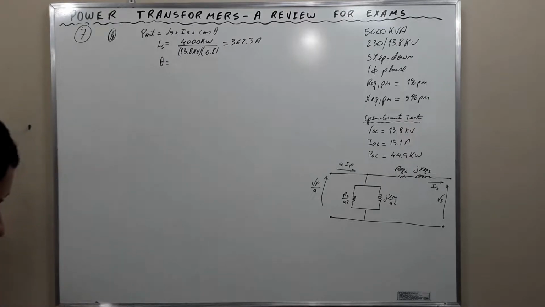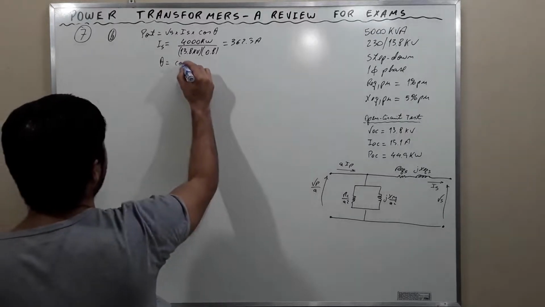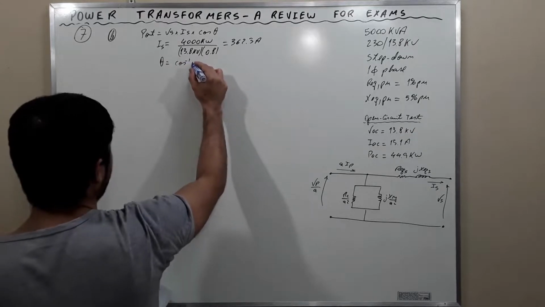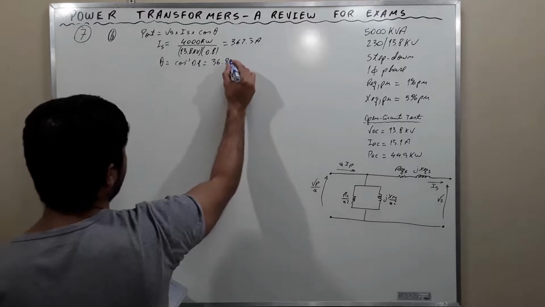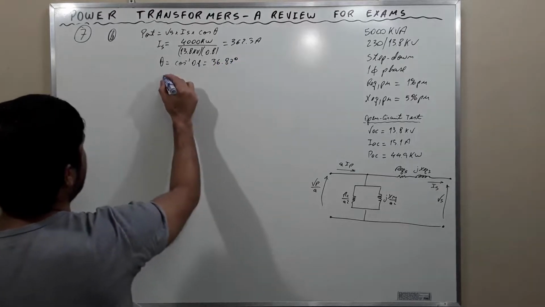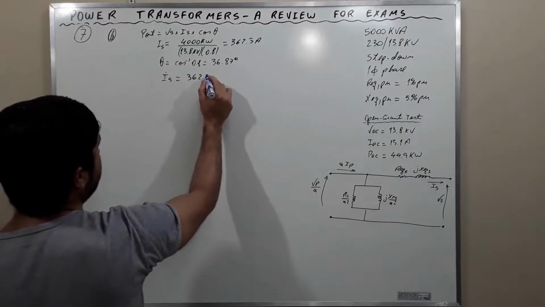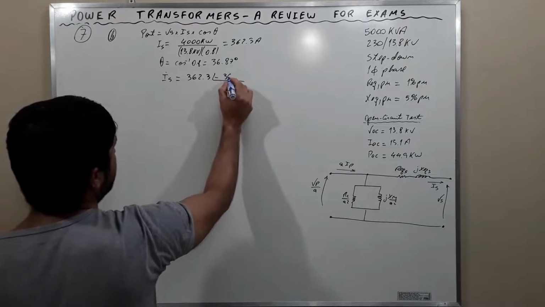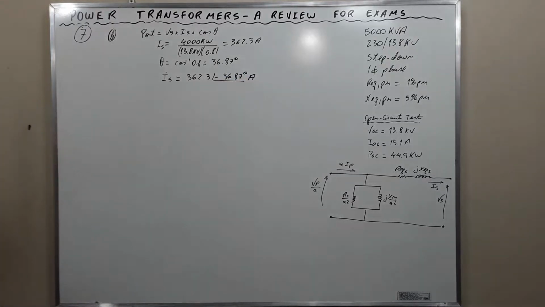The power factor was said to be lagging, so the angle of the current is negative. The angle is the inverse cosine of the power factor, which is 36.87 degrees. And then the current phasor is going to be 362.3 phase negative 36.87 degrees amperes. Inductive loads cause the angle of the current to be negative.